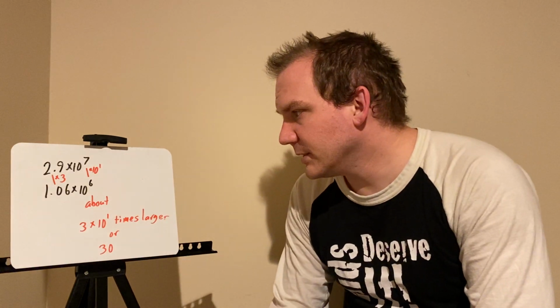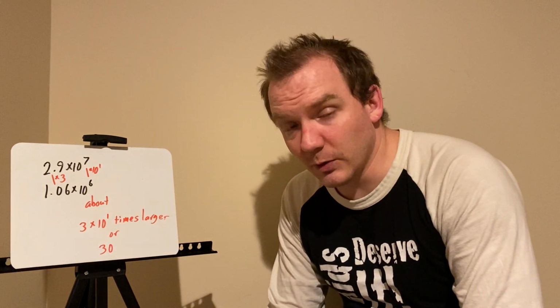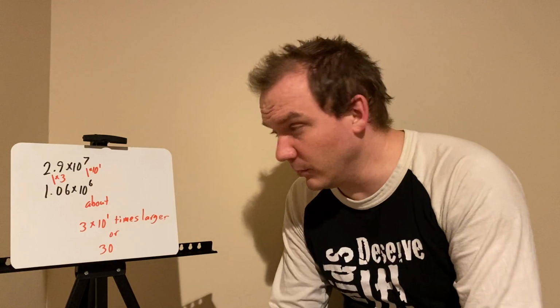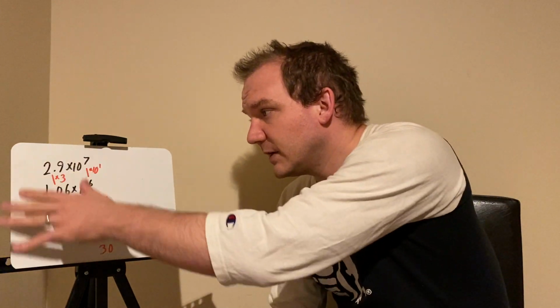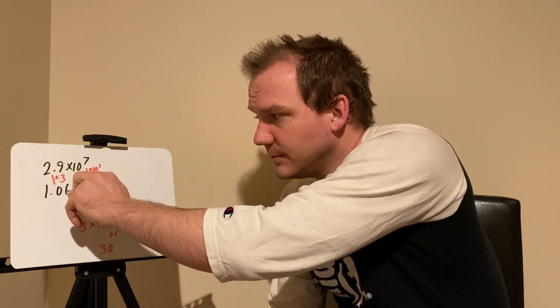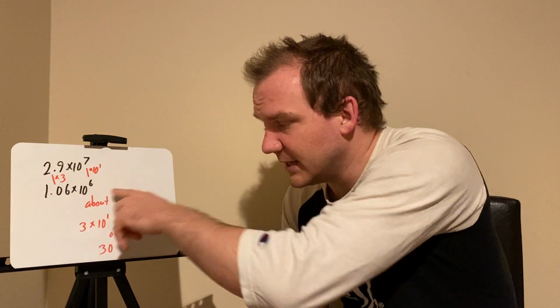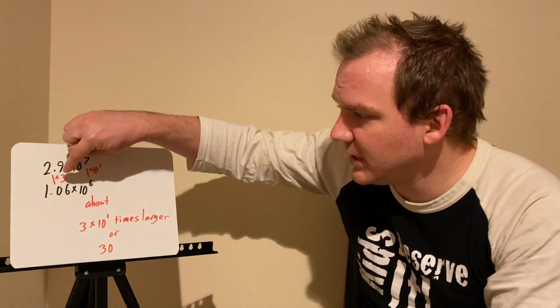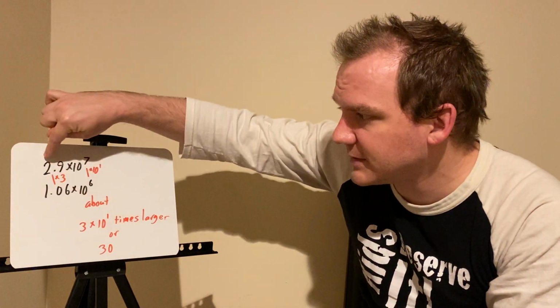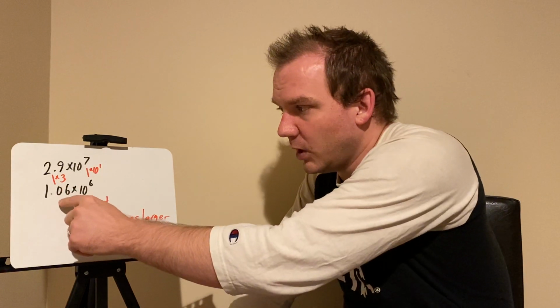Next, when I'm comparing numbers, a lot of times they'll ask you how many times larger one number is than the other. So in scientific notation, say I have 2.9 times 10 to the 7th and 1.06 times 10 to the 6th. I can compare them by looking at these two numbers and saying this is about 1, this is about 3. It'll usually ask about an estimate, so I don't need an exact, but 3 divided by 1 is going to equal 3.